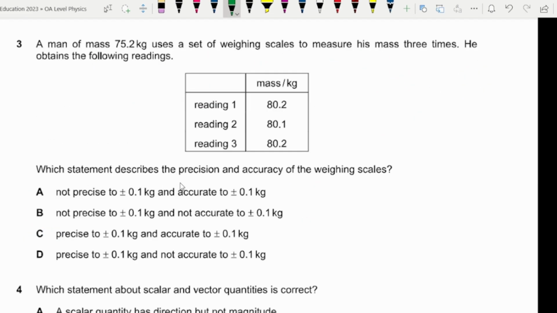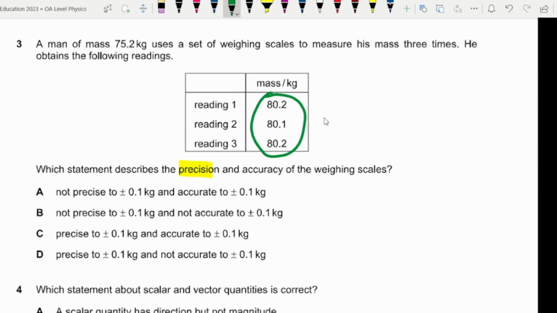Which statement describes the precision and accuracy of the weighing scales? Okay, so this is something that you have not studied in O level physics, but it just takes 2 sentences to get a basic idea of precision and accuracy. Precision is if the readings are close to one another, like these readings, the measured values are close to one another, the reading would be precise for that given range.